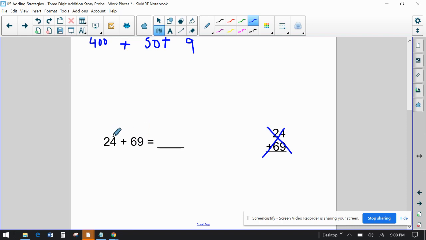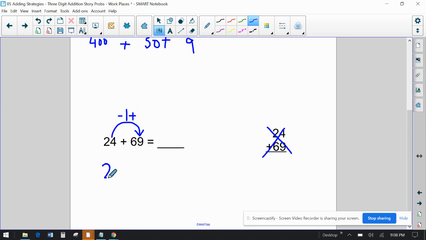So what I'm going to do is I need to add 1 to 69. And where am I going to get that 1? If I simply add 1 to it, then I'm changing the entire problem, and the answer is going to be too big. But if I take from one addend and I give to this one, basically I'm minusing 1 from here and adding 1 over here.